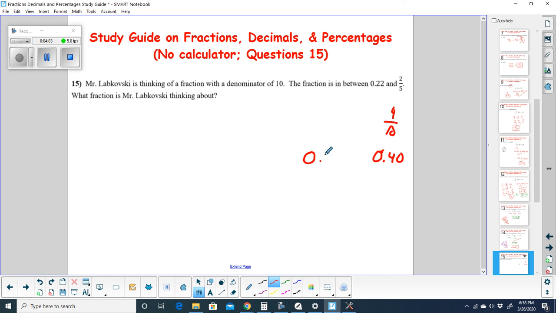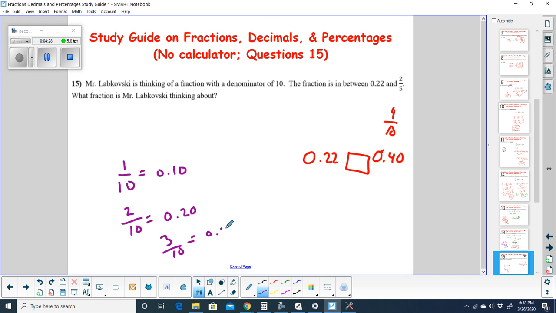So we want a number that's between these two, something that goes in between these two. And it says that I'm thinking of a fraction with a denominator of 10. So 1/10 is 0.1 or 0.10. That's not in between the two. 2/10 is 0.20. That's not in between the two. But 3/10 is 0.30. That's in between the two. And that's the fraction I'm thinking about.